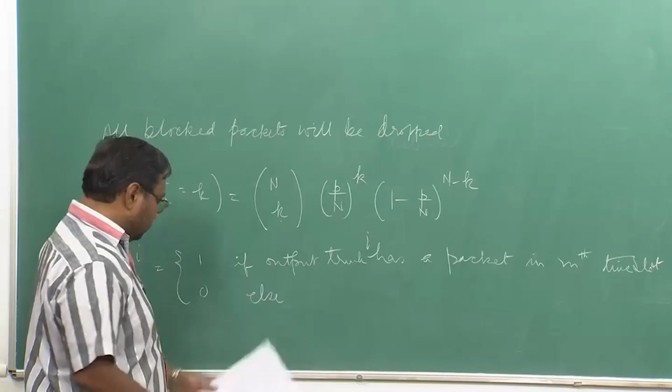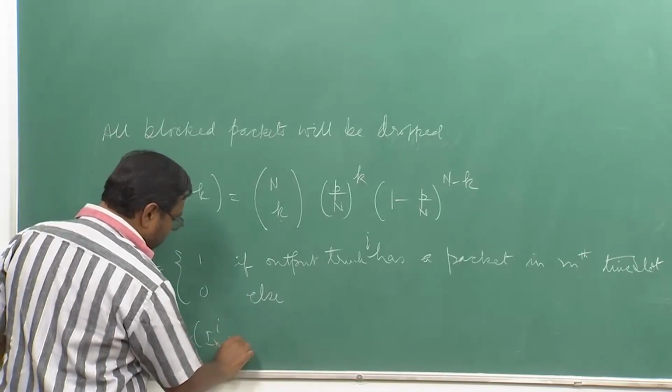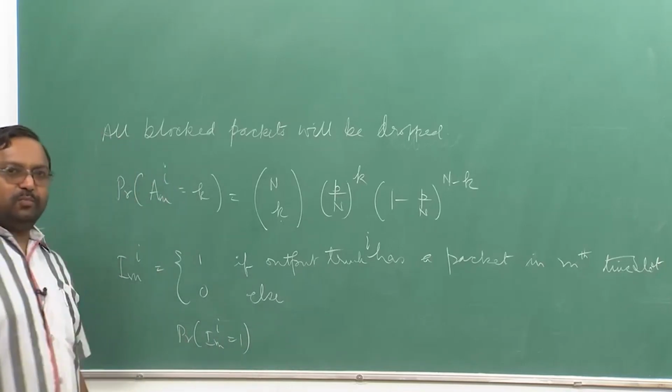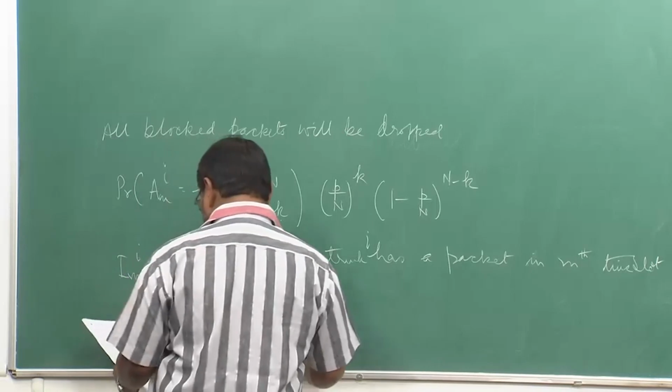So, you have to just find out what is the probability that IMI is equal to 1. So, that is the throughput of an output link. Okay. So, that is the throughput.